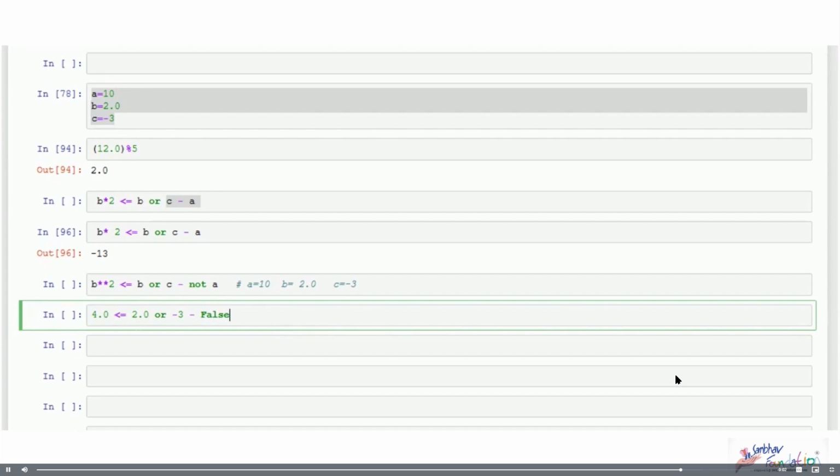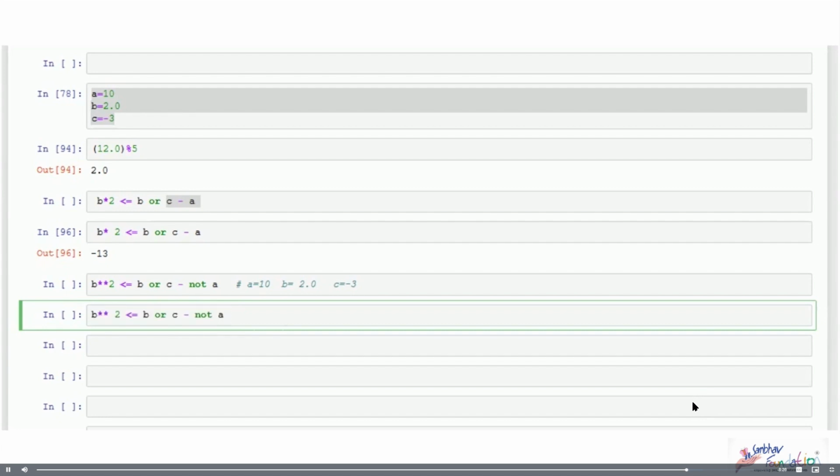Now you have minus 3 minus false, and it is not possible to subtract false. In the previous cases you were just comparing the equivalent values of true or false using the non-zero and zero representations. But here you are directly performing a calculation, which is not possible. Hence this will give you an error.